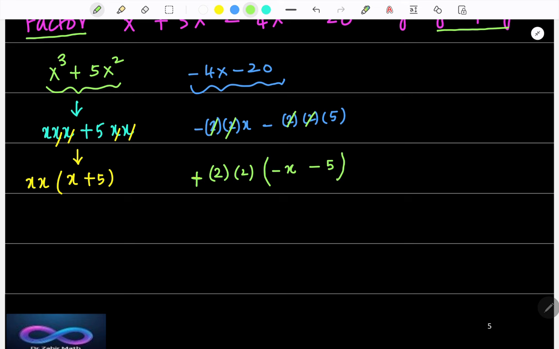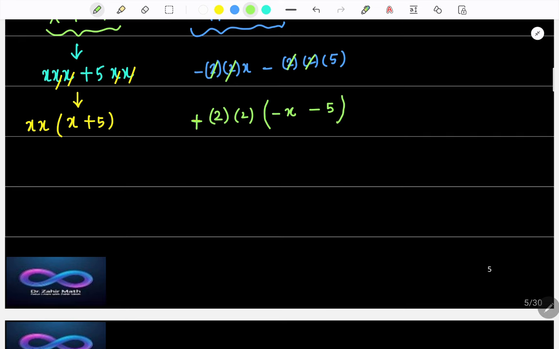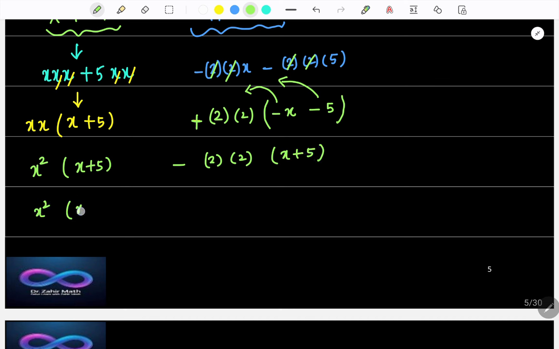So what happens now? We are going to write this one as x into x is x square, x plus 5. Here there is a minus. So I'm taking common minus also. So it will come minus 2 and then minus 2. This will become x plus 5. So x square, x plus 5 and then minus 4 times x plus 5.